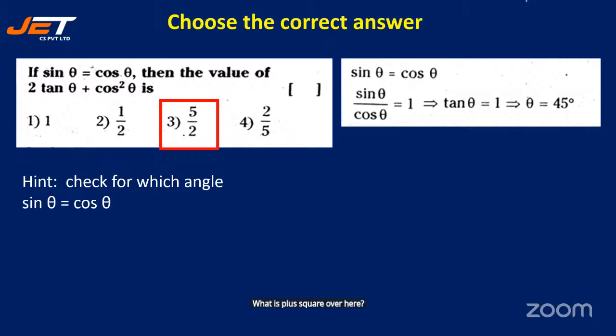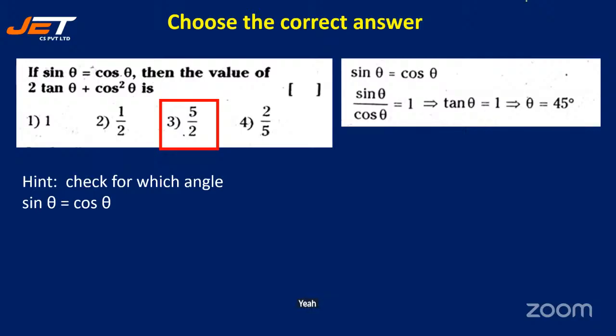Since tan theta is 1, and tan 45 is 1, therefore theta must be 45 degrees. Okay, so it is 5 by 2. So only when you check for which angle, we will be able to find out.